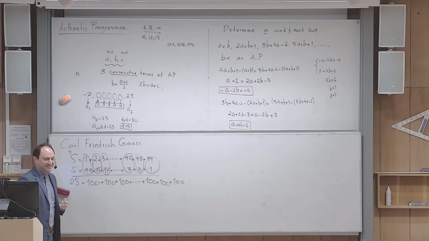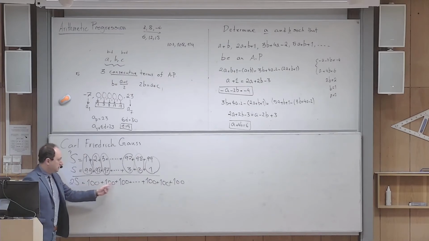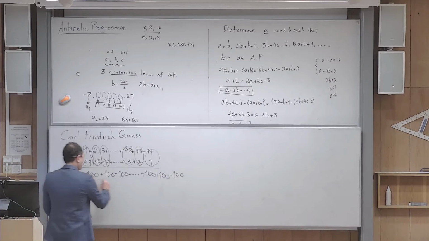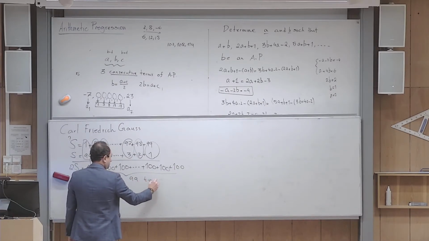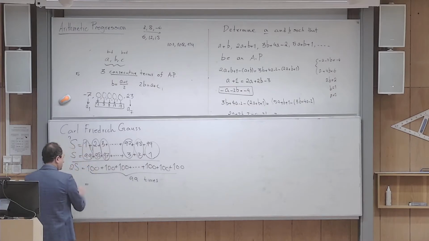100? No. 99, because it starts from 1 up to 99. So there are 99 hundreds involved, 99 times. The answer becomes very simple, because adding 100 to itself 99 times is simply multiplying 99 by 100, which becomes 9900.